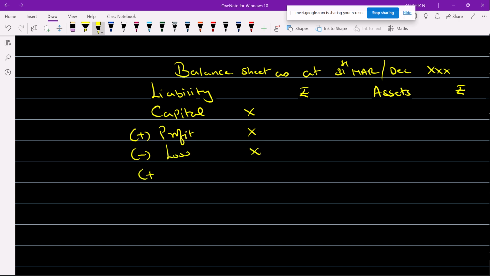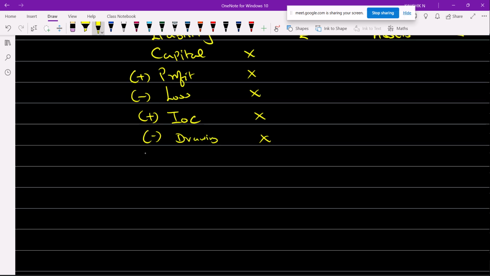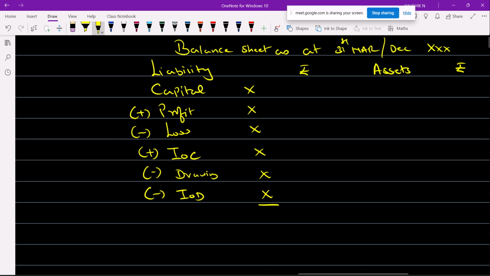And if you're getting interest on capital, that will be added. If any drawings have been made, that will be subtracted from the values. And if there is any interest on drawings, that will get subtracted. After all these, the final value you will record in the outer column, that is the closing capital.